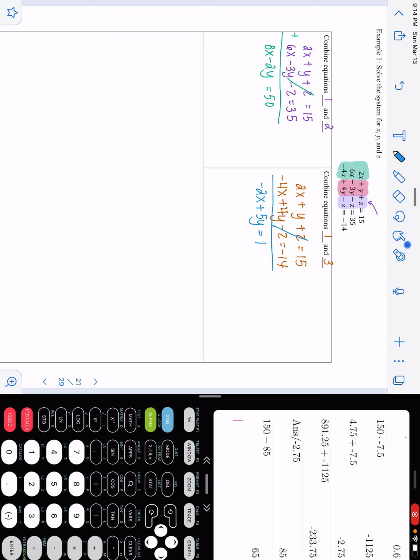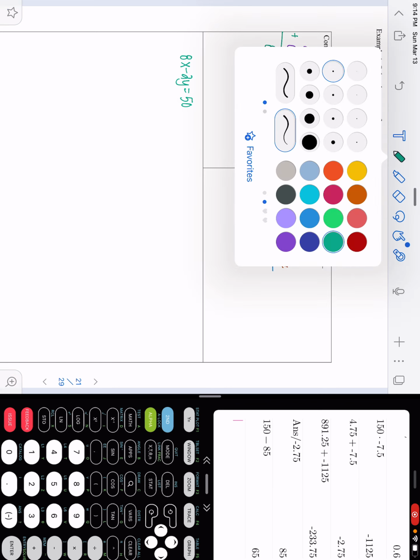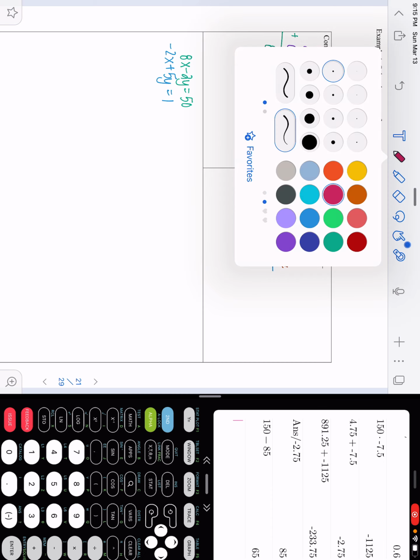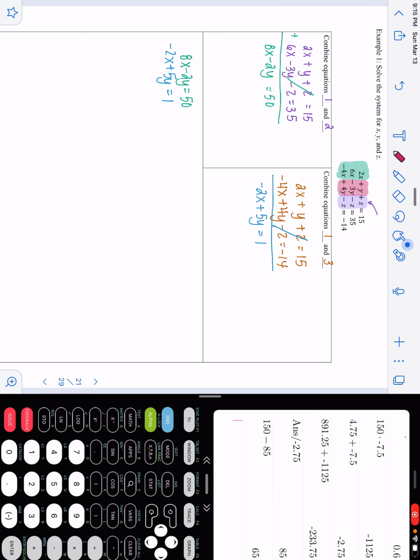Now what we're going to do is take these two new equations and rewrite them down here. 8x minus 2y is equal to 50, and negative 2x plus 5y is equal to 1. Now we just have a system of two equations, which we did last week with our word problems.